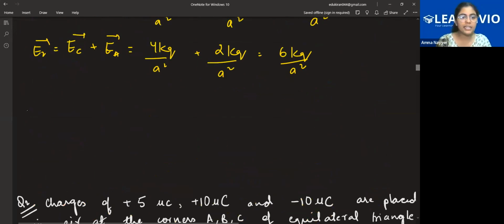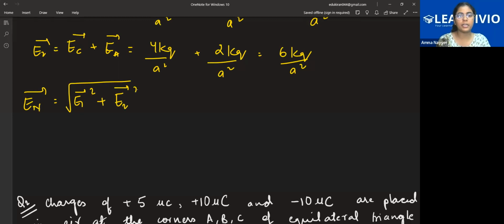So how will we find the resultant? The resultant or net electric field will be under root E1 square plus E2 square. Both the vectors are the same, so you can replace it as under root 2 E1 square.